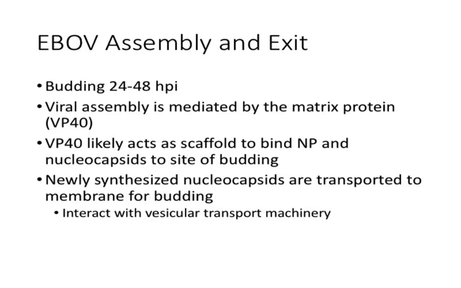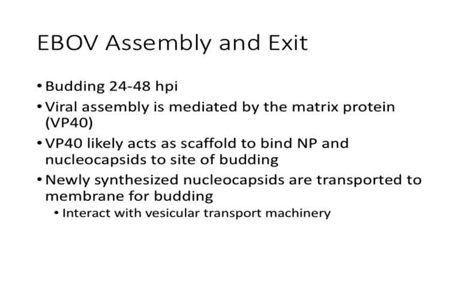And the protein that's essential for this is VP40, which functions kind of like a scaffold protein. In the same way that VP35 scaffolds NP and L together to form those inclusion bodies, VP40 serves as a scaffold, and it actually will localize itself on the interface of the cell membrane.